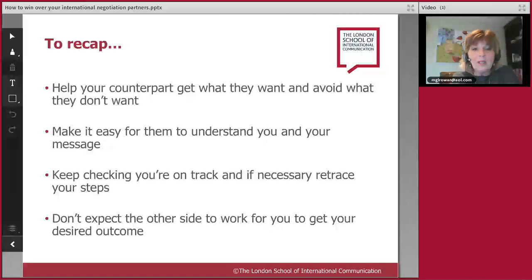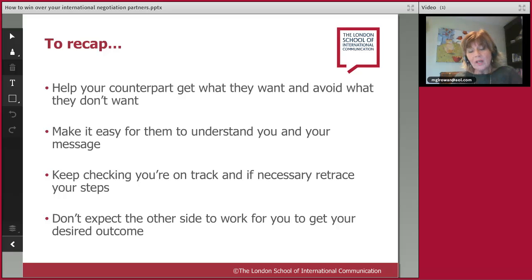So if we recap here, your counterpart will get what they want or what they don't want, and you can help them to achieve that. Make it easy for them to understand you and your message. Keep checking that you're on track, and if necessary, you can retrace your steps.